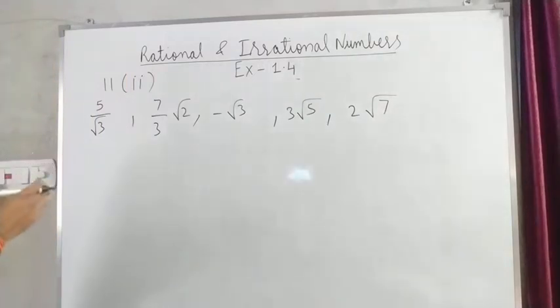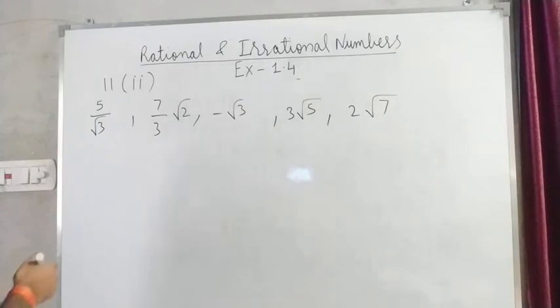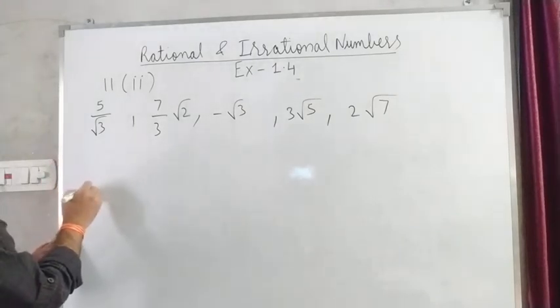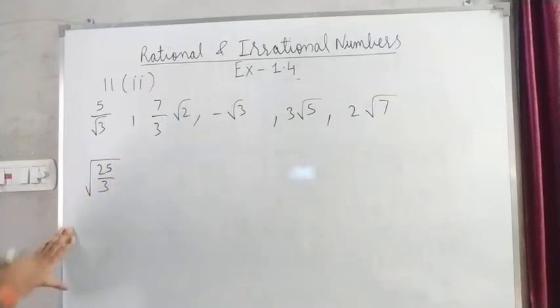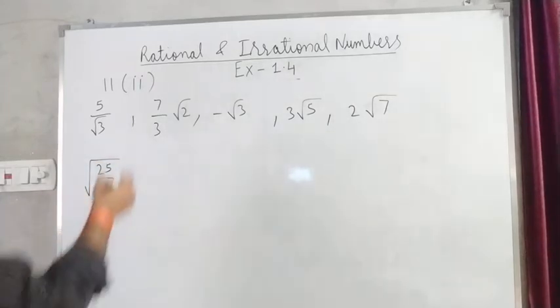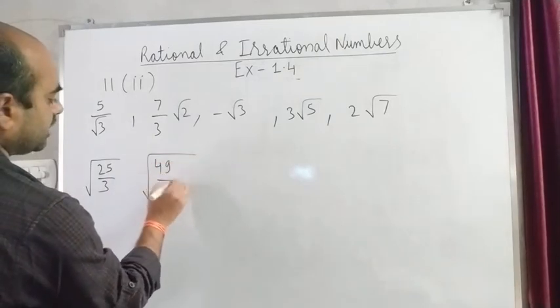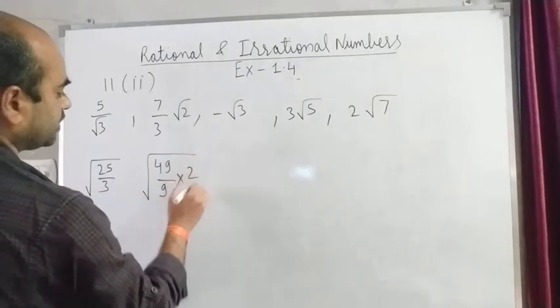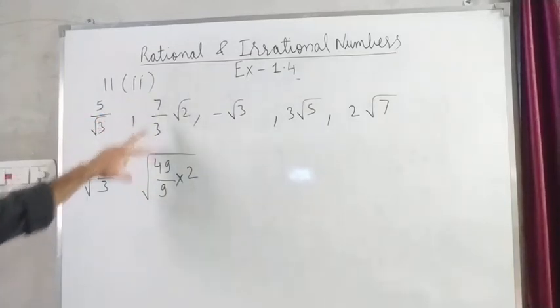So 5 upon root 3 we can write as root 25 by 3. Correct? 7 upon 3 root 2 can be written as root of 49 upon 9 into 2. You can check. 49 upon 9 is the square root 7 by 3.